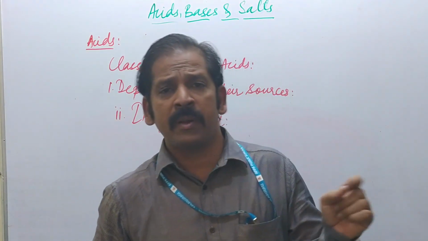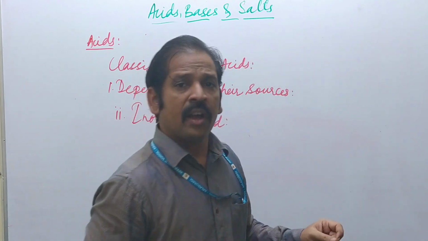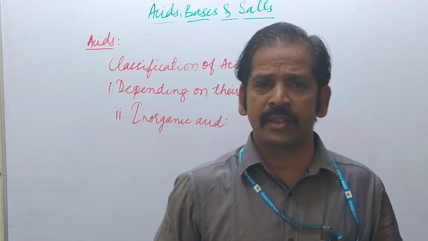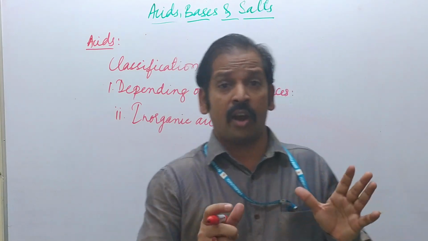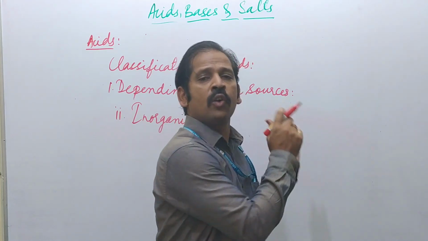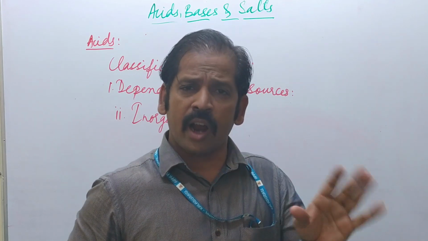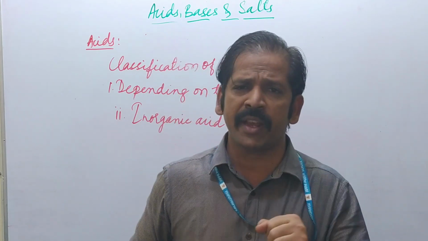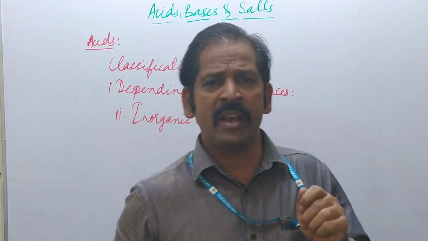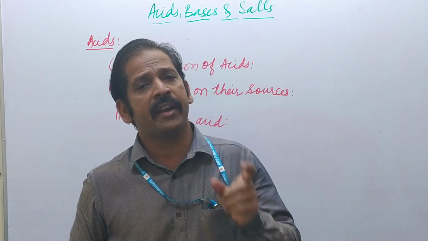These are available from minerals, and are also called mineral acids. The most and the strongest acids are available in this group only. The strongest acids are hydrochloric acid, sulfuric acid and nitric acid. I think you are all familiar with these three acids.